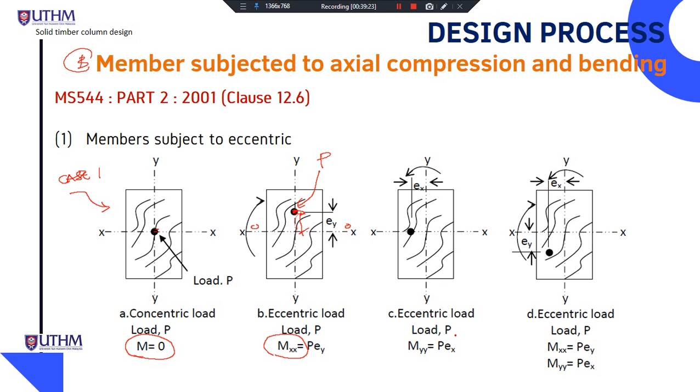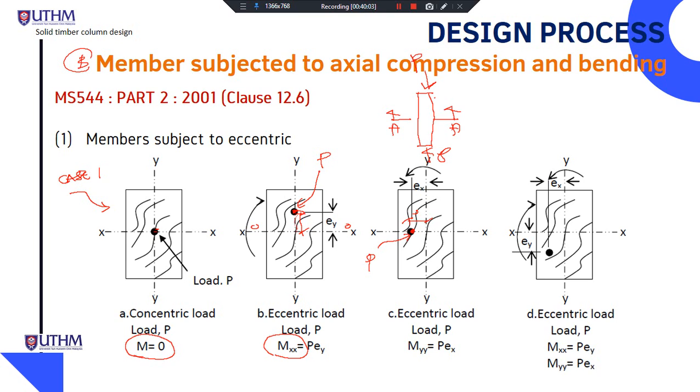The next one is where the eccentric loading is located at this point. So this is P, and this is the front view. This is the straight line. We apply P here, and when we do the cross section here, we can see the loading is located at this point. It is located on the x-axis, but far from the y-axis.